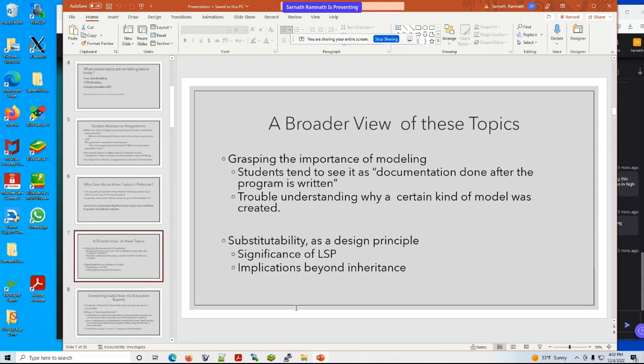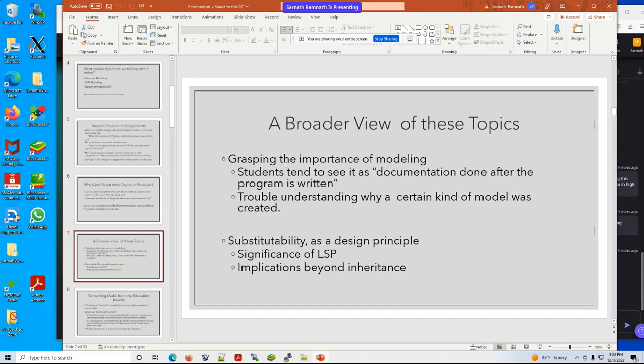Okay, so the importance of modeling. Students tend to see it as documentation done after the program was written, and they had trouble understanding why a certain kind of model was created.